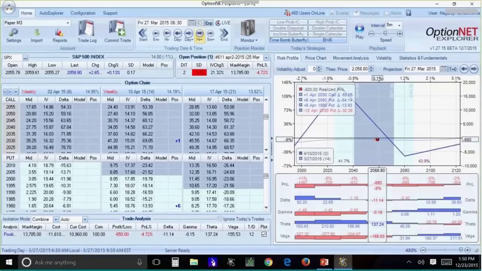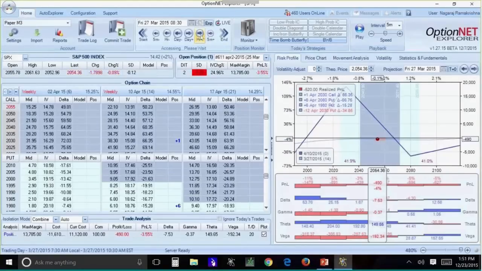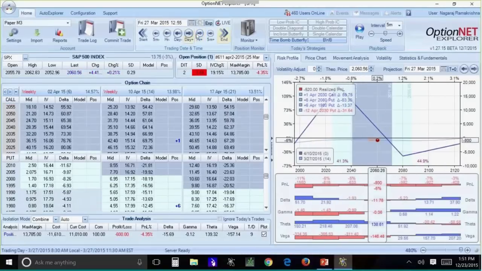These are the timings of my adjustments, but for some reason, it won't match with what OptionNet shows. I'm going to move on anyway, just for the sake of this presentation.